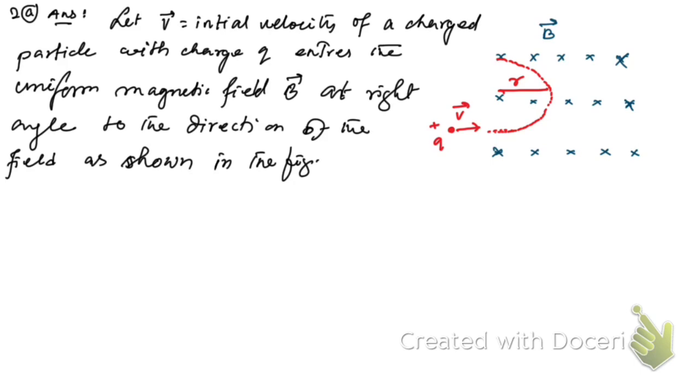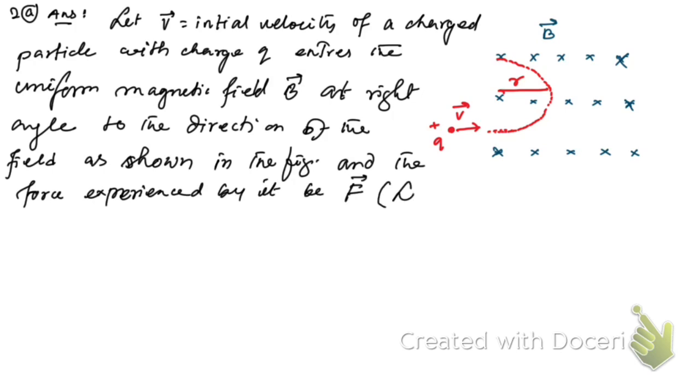And the force experienced by it be, suppose, F, which is called the Lorentz force, that is given by, and I'm going to write it later. Okay, just let me write.